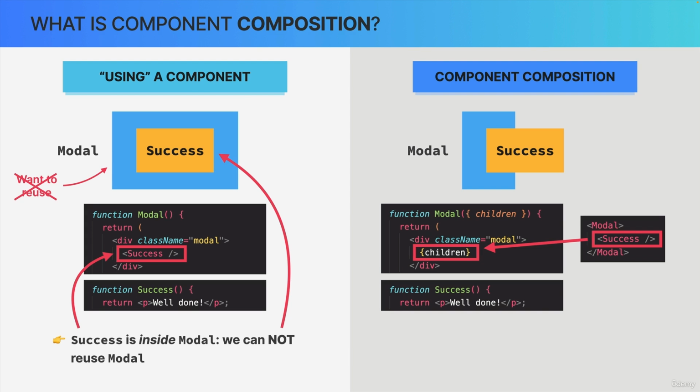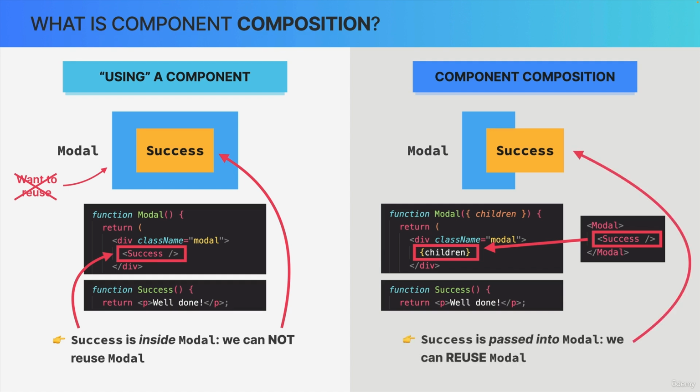So in the first example, the success component is really tied to the modal. And so that modal might as well be called a success modal, because we can't use it for anything else anymore. But with component composition, we simply passed the success component right into the modal and composed them together in this way.